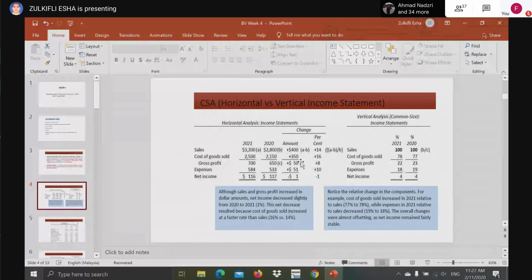So there is a 350 ringgit increase between 2020 and 2021. For the gross profit, in 2020 we have 650, and in 2021 the gross profit is only 700. So there is still a 50 ringgit increase in gross profit.